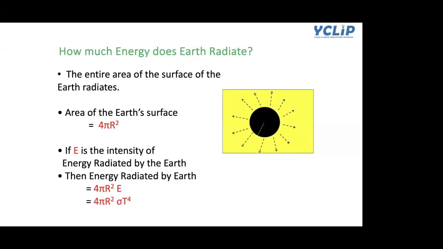So the surface area of the earth will now give 4 pi r squared. This is also dated back to your JHS mathematics.